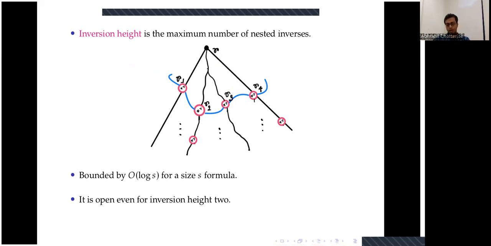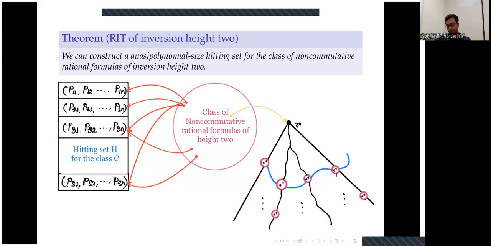Now this black box RIT problem is even open when the inversion height is only 2. We didn't have any idea how to deal with the nested inverses. Okay. So what is our result? We show a quasi-polynomial size hitting set for the class of non-commutative rational formulas of inversion height 2.